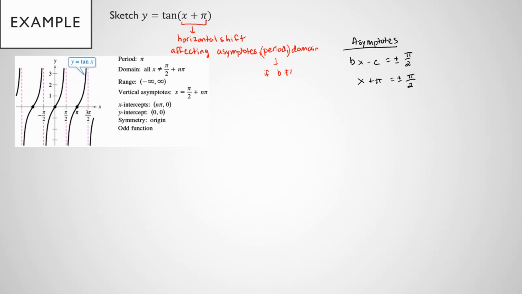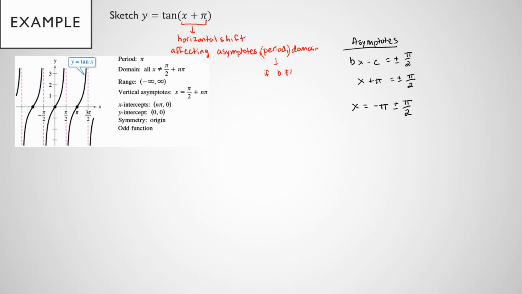And then we're going to solve for x. So you would subtract pi from both sides. And I'm going to put that first so that it's negative pi plus or minus pi over 2. So this is going to help me figure out where my asymptotes are going to be.